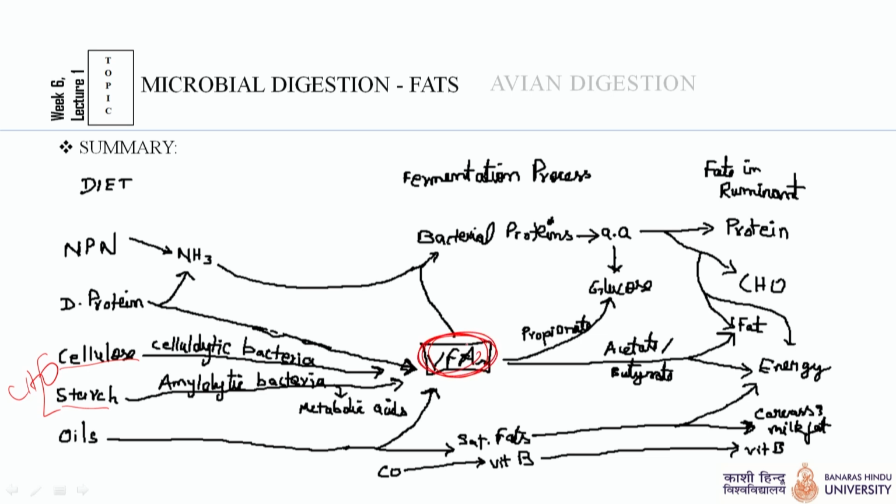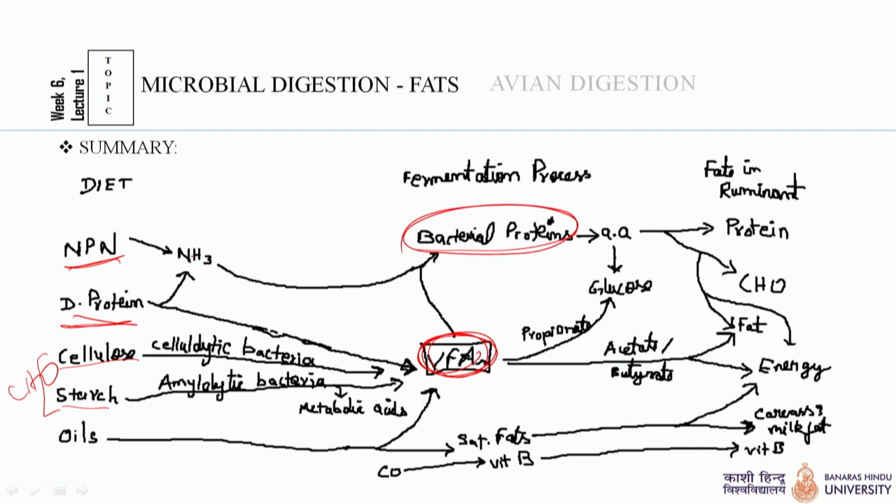Remember, volatile fatty acids. Next is the non-protein nitrogen and the dietary protein. The dietary protein again forms volatile fatty acids and liberates some ammonia, whereas non-protein nitrogen gets converted into ammonia, and then forms the bacterial proteins.